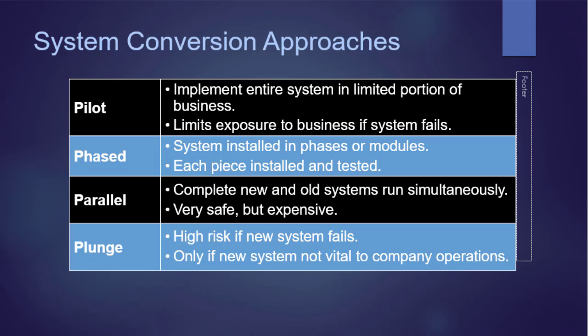You've just created this new system, so why not start the new system in one of your branch locations and have it run for a while to get the bugs worked out, so to speak.